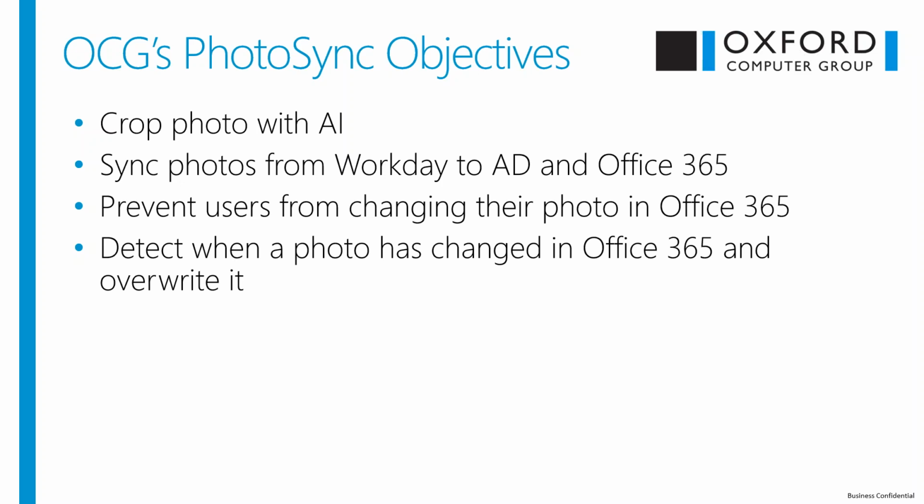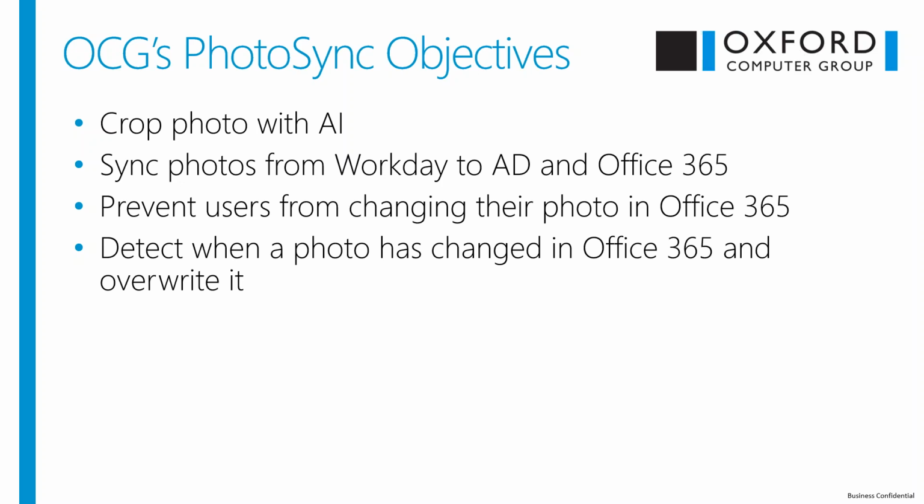One of our clients, and a couple of clients, wanted to do it in this manner: they wanted users to go into Workday, upload their profile photo, and have that matriculate through the environment. We could do this in reverse. With our solution, we could flip the entire thing around and say users update their photos in Office 365, we'll retrieve them, send them to AD, and then send them to Workday. Whichever direction works for your organization really wouldn't matter for our solution.